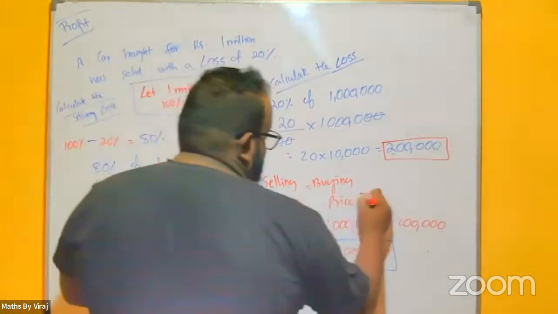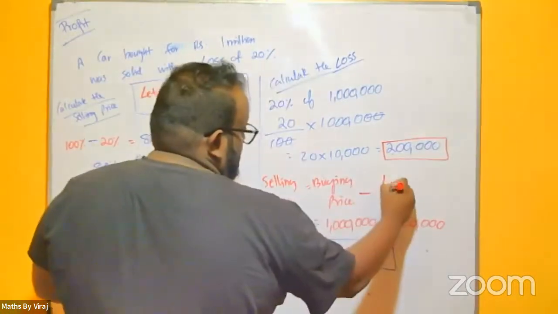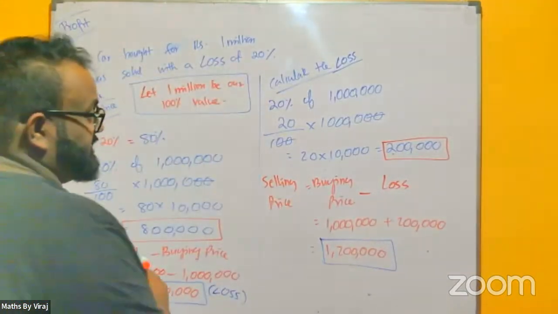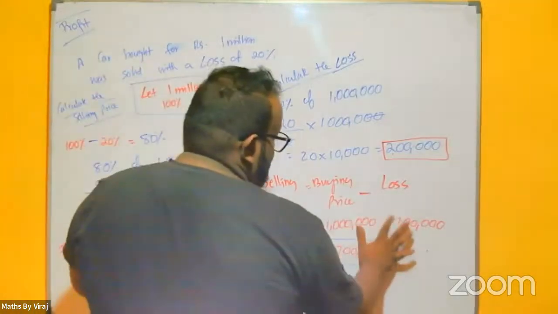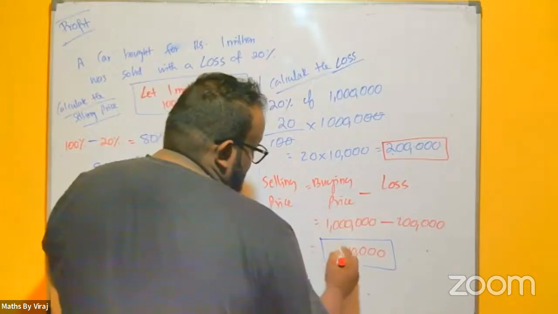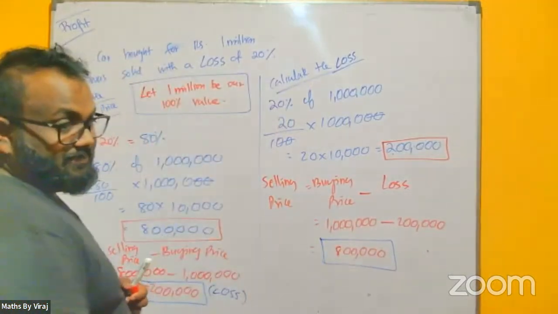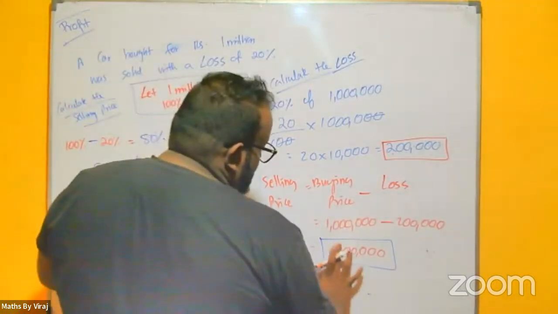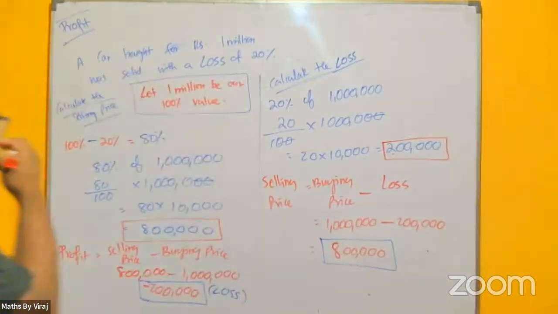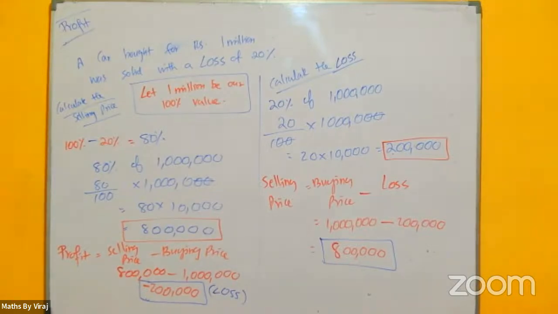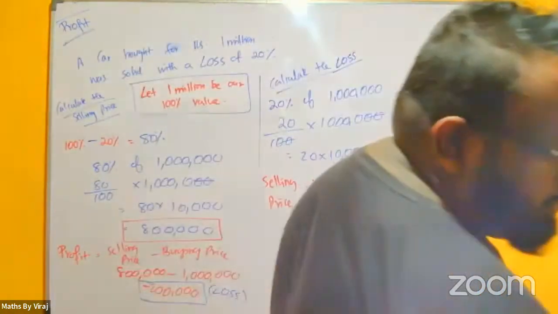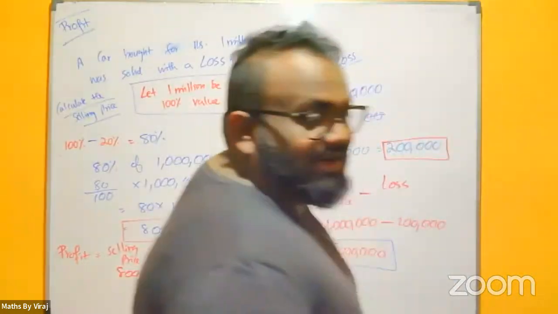From the buying price, we subtract the loss, and the final answer is what? 800,000. Again, as I always tell you all, the calculation is the same. You can understand everything that needs to be understood. If this is a negative, it is a loss. That is what you should understand and calculate.